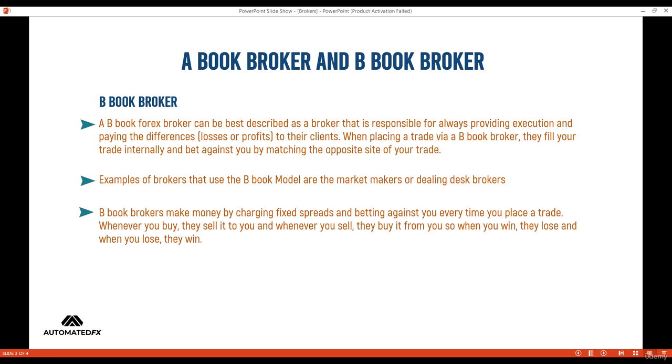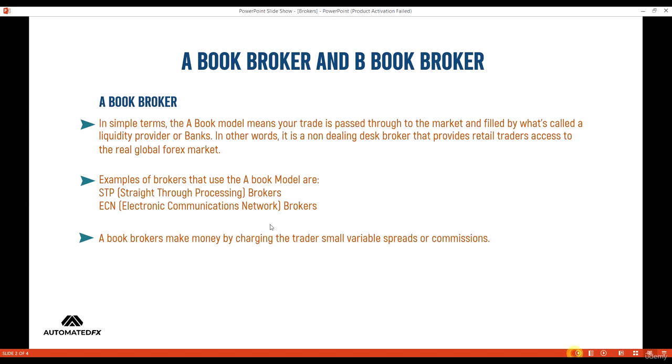If I am to recommend, I'm going to recommend that you work with the A-book business model. You should work with a broker that charges you commissions instead of spreads. And even if they charge you spreads, they should be charging you variable spreads, like the STP brokers we saw here.